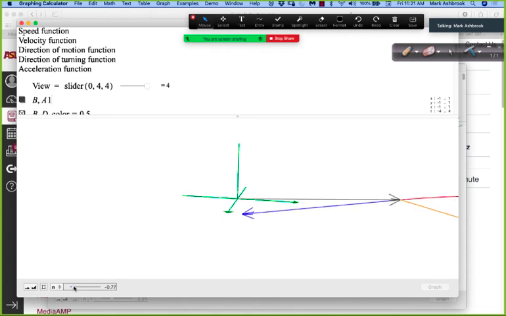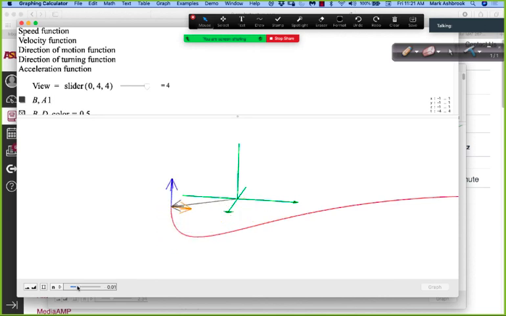Here it's pointing kind of back the other way from our velocity. Now it's pointing straight opposite the direction of velocity. Now it's orthogonal to velocity as we go around the loop. Now it's pointing the same direction as the velocity.